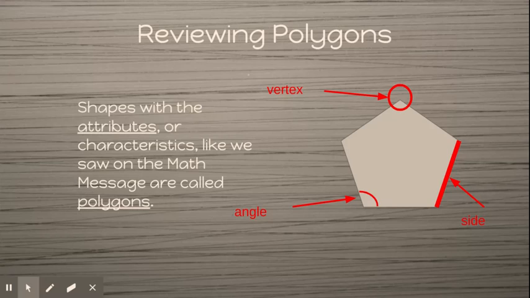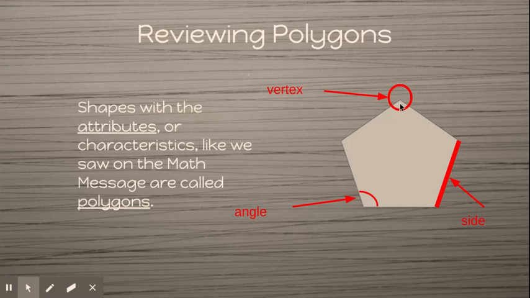So when we were looking at those shapes, they all had attributes, and those attributes or characteristics are going to be the features that we look at. When we're looking at polygons, the attributes that we're going to look at are the vertex, the sides, and the angles. So where the two sides meet is called the vertex. When we're talking about multiple vertex, we call them vertices.